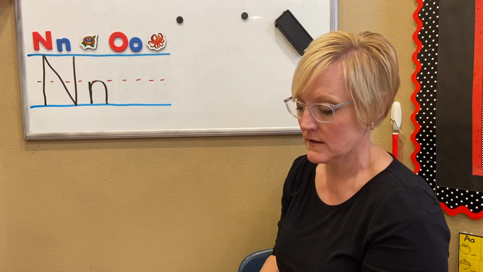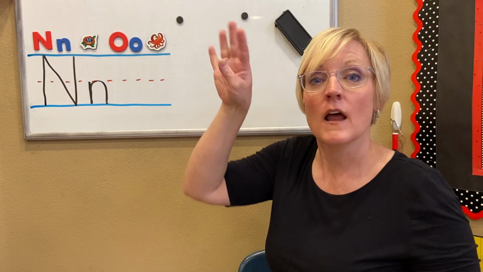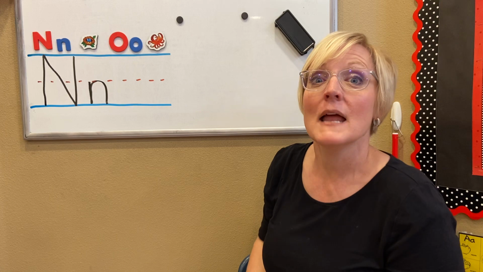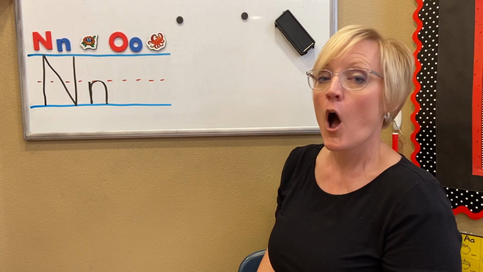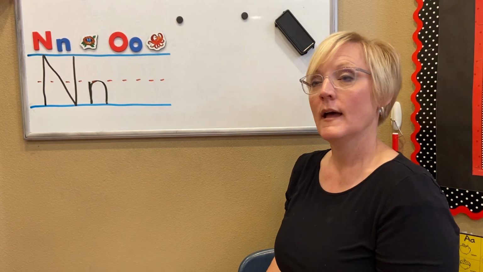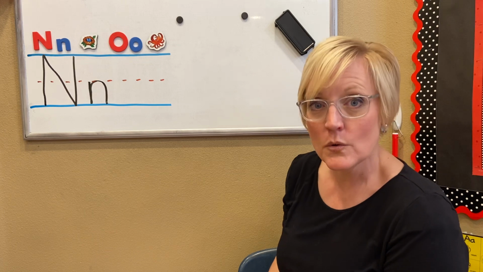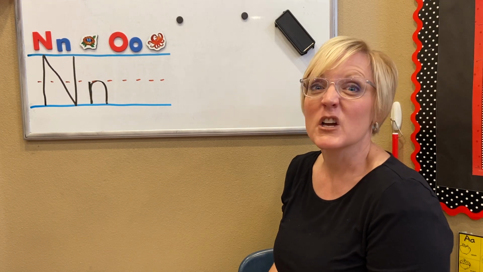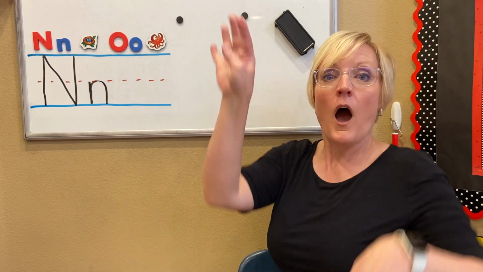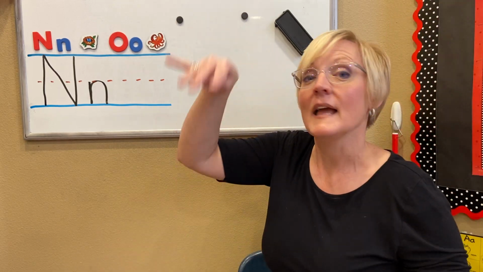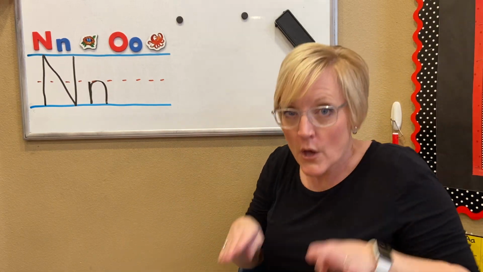O says ah, like an octopus, and because it's a vowel, it says its name, O, and when you put two O's together, you say ooh, like a ghost. Ooh. Try those sounds with me. Ah, like an octopus. Oh, ooh.